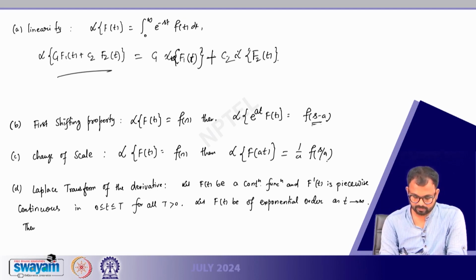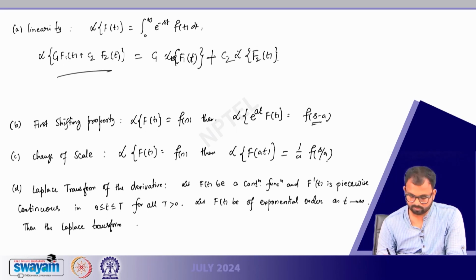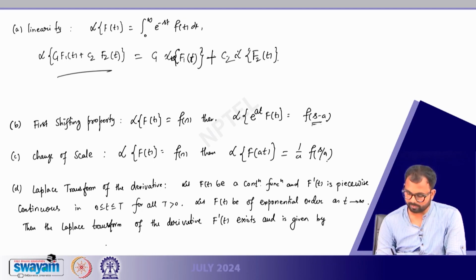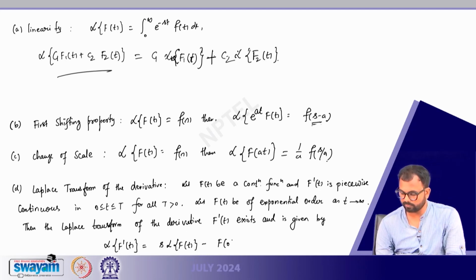Then the Laplace transform of the derivative, which is f dash t, exists, and is given by: the Laplace transform of f dash t equals s into the Laplace transform of f(t) minus f(0).